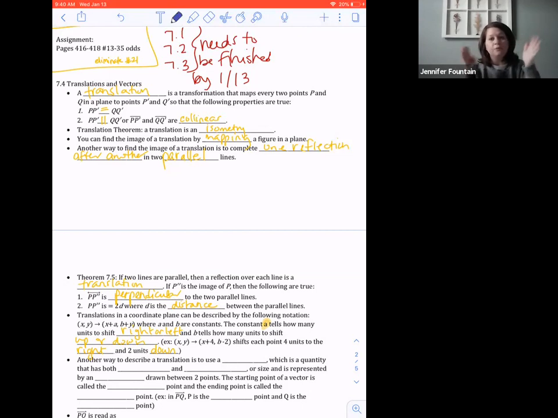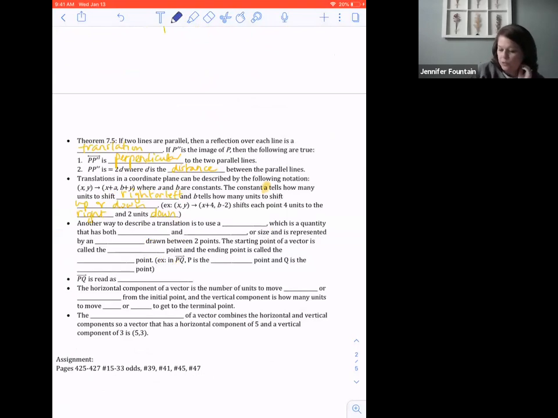That's the main difference between our rotation and our translation: with our rotation, it reflected twice over intersecting lines, whereas now we have 2 reflections over parallel lines, okay? So it's very similar in that we have 2 reflections. The difference is rotations are around intersecting lines, translations are over parallel lines.